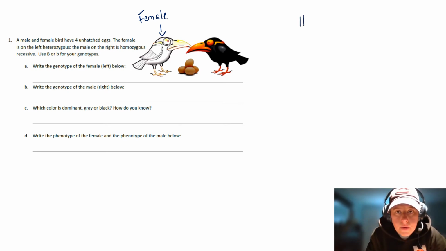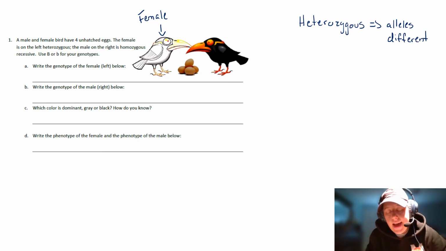So remember, heterozygous means that the alleles are different, meaning that they'll have, hint, hint, think about the definition. I'm not going to tell you more yet. You have to figure the rest out.